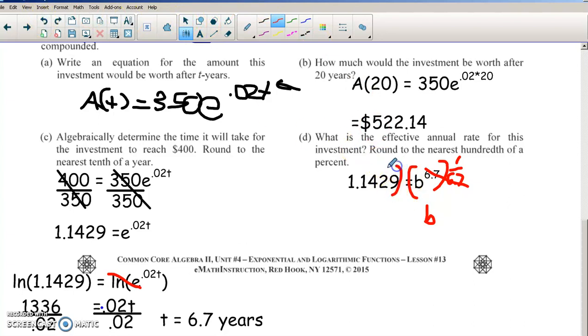So here I have to make a parenthesis around this side and have my 1 over 6.7 years. So when you type in your 1.1429 raised up to the 1 divided by 6.7 years, you end up getting on your calculator 1.0202.